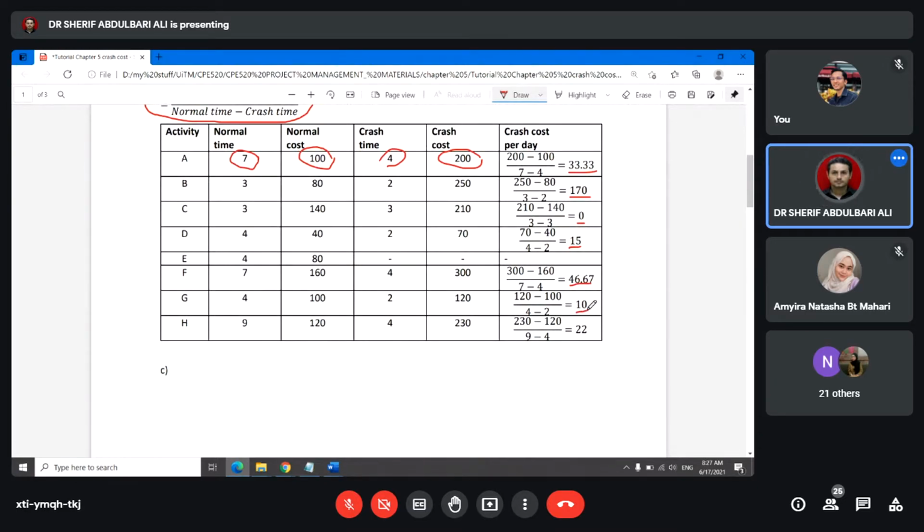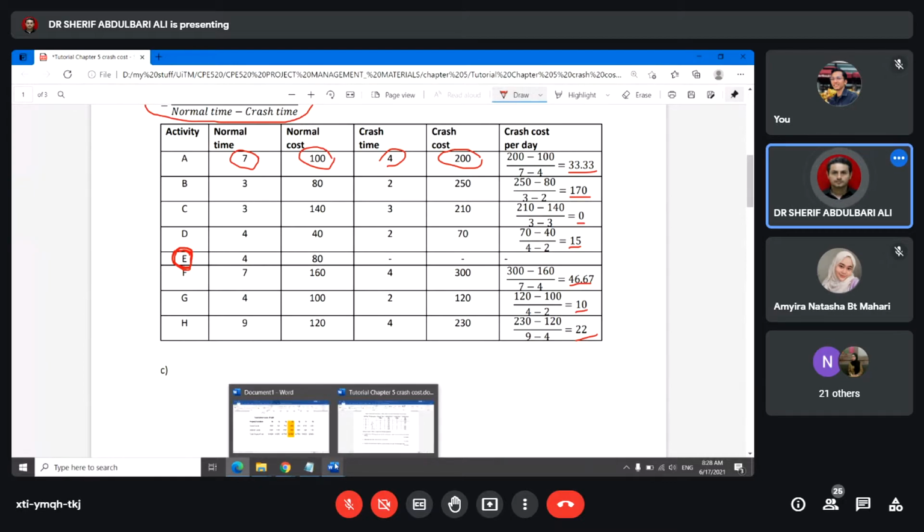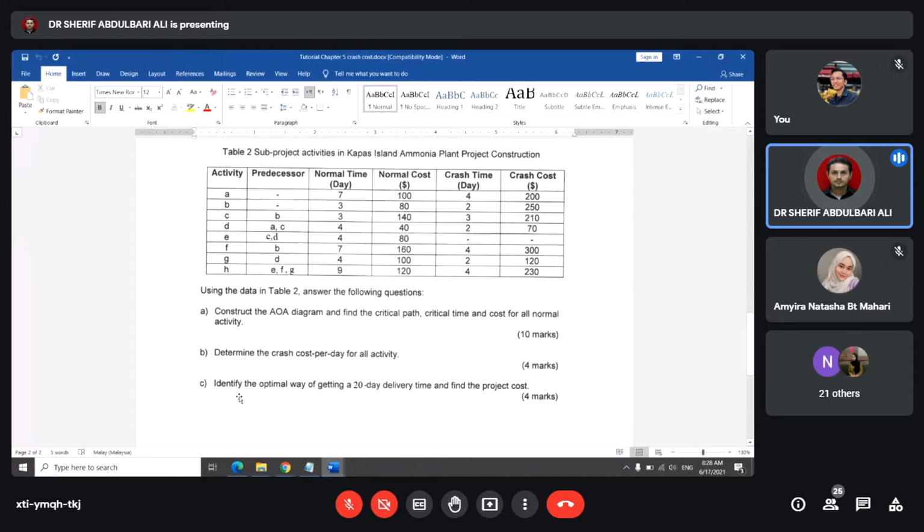So F, G, and H. Activity E cannot be crashed. Remember that activity E cannot be crashed. We are going to use this one for the part of the questions.